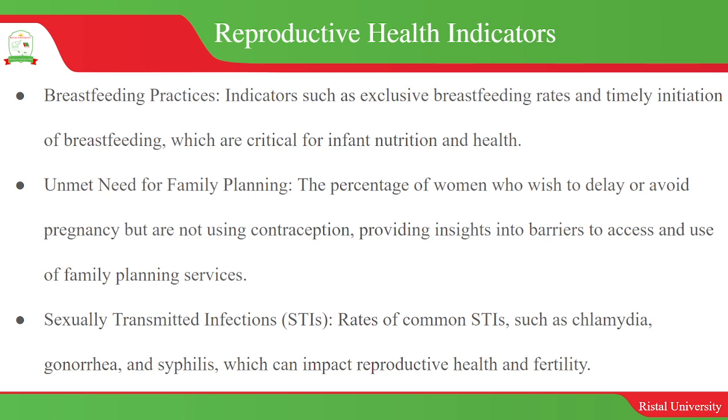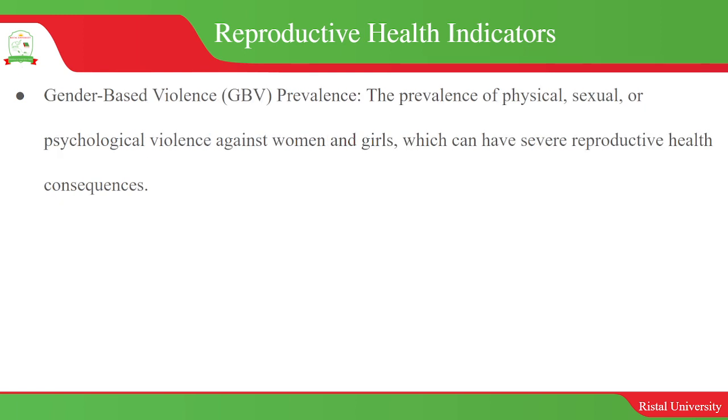And then the prevalence of STIs is also another indicator. And then lastly, GBV, prevalence of physical, sexual, and psychological violence against women and girls.